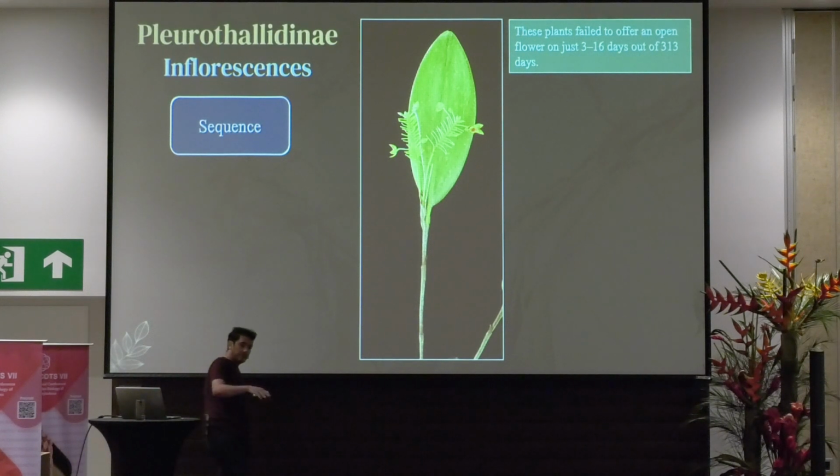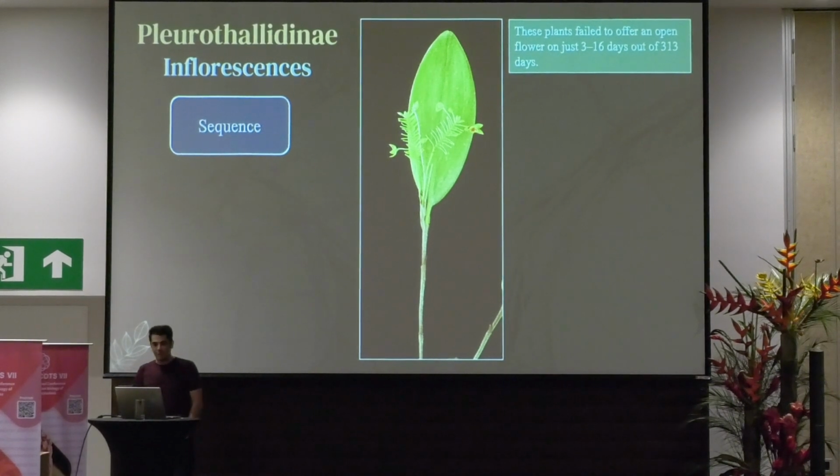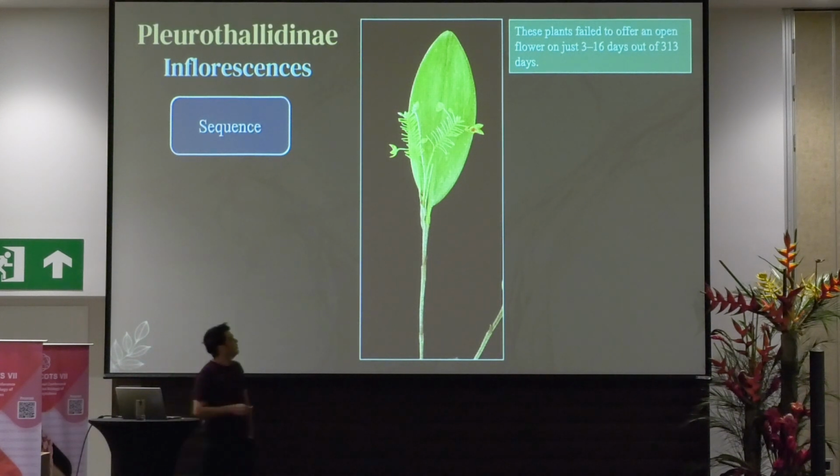So the sympodial unit produces its flowers and then dies, while another sympodial unit is produced to continue the cycle again. For example, in an experiment carried out at Lankester Botanical Garden, we found that this species of Lepanthes failed to offer an open flower just 3 to 16 days out of almost 300 days. So the species displays a flower almost the whole year.